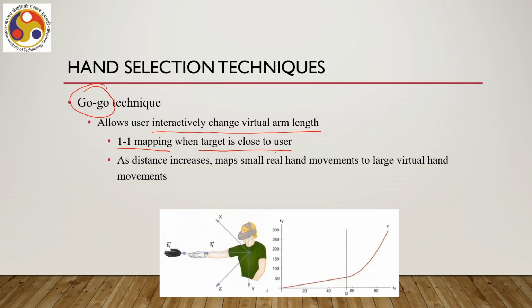The regular hand selection takes place when the target is close. However, as the distance increases, the technique maps smaller real hand movements to large virtual hand movements. So, if you see here, this is the speed of the movement and this is the time.